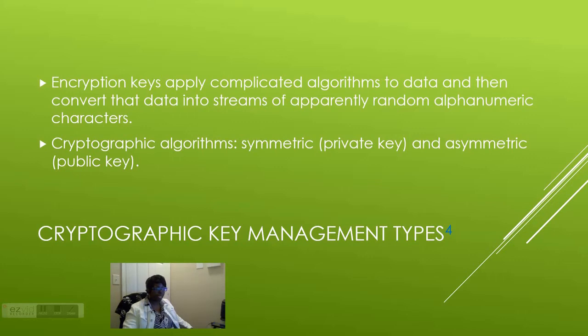Symmetric key algorithms use a single key to secure communications and achieve confidentiality, integrity, and authentication. A private key is a variable that is used with an algorithm to encrypt and decrypt code. While the algorithm doesn't need to be kept secret, the key does.